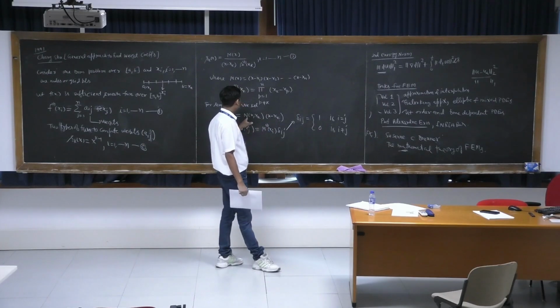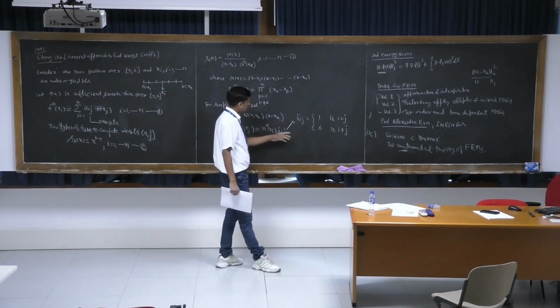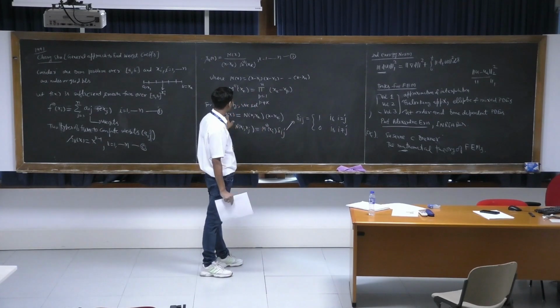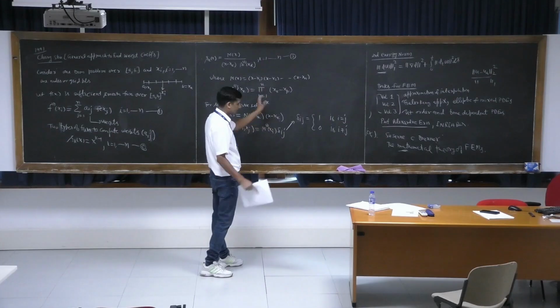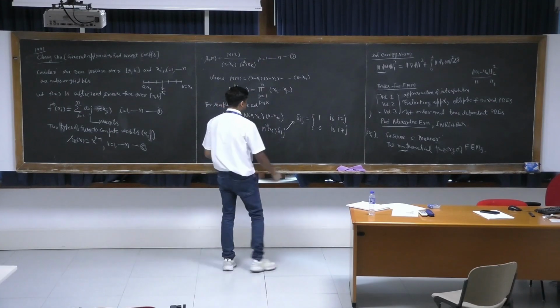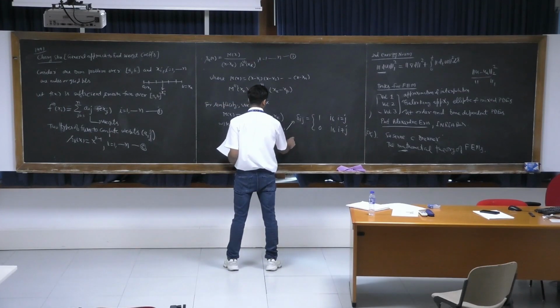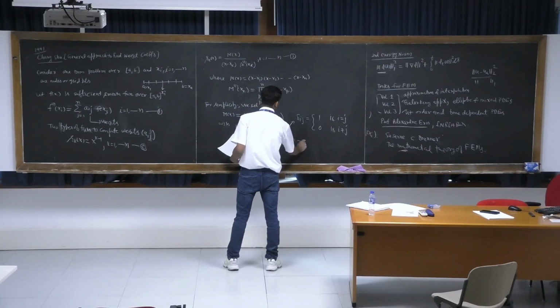And what is this? At x_i, x_j this becomes this. You can check that it is easy to add. m(x) is equal to this and this, with k running from 1 to n.